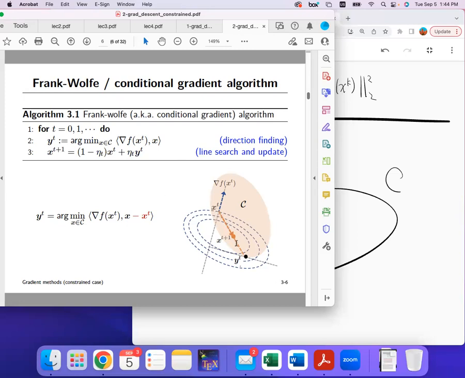For example, this direction will be better than this direction, because the angle is larger and the inner product will be smaller.